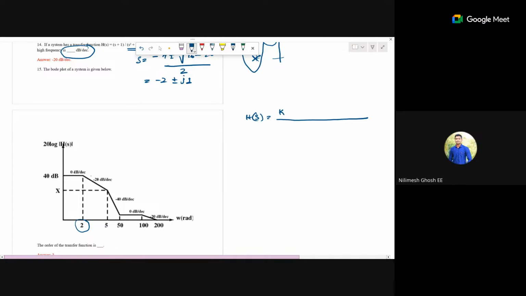At a particular corner frequency, there can be multiple poles and multiple zeros, right? So that change will give you the number of poles and zeros occurring at that particular corner frequency. Now see, at omega equal to 2, there is a minus 20 dB per decade change.